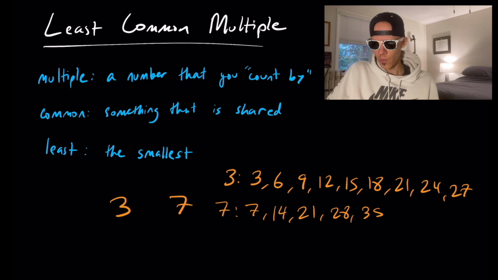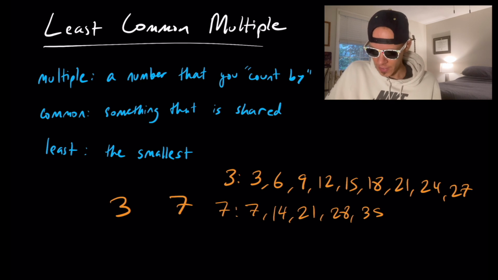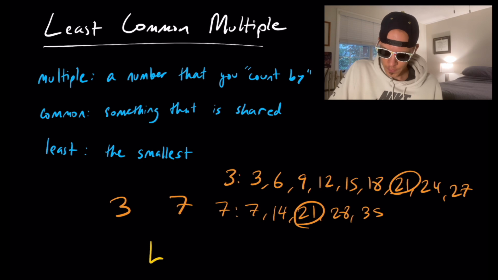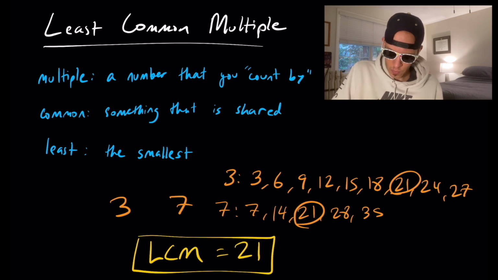Well, where are there common multiples between each of the numbers? If I count by 3 and I count by 7, eventually I'm going to hit 21 on each of them. And there's no smaller number than 21 where we have a common multiple. So our least common multiple between 3 and 7 is going to be 21.